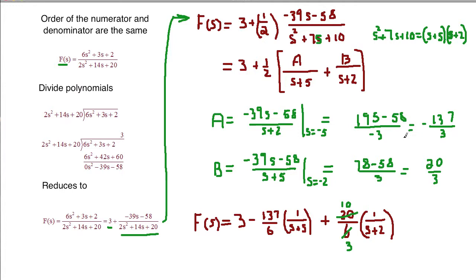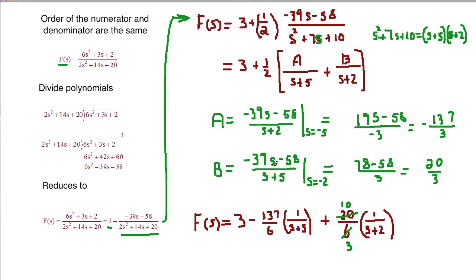So that's A. B, in a similar fashion, is this whole thing multiplied by s plus 2, evaluated at s equal negative 2. This whole thing multiplied by s plus 2 is this expression right here, and I evaluate it at negative 2.